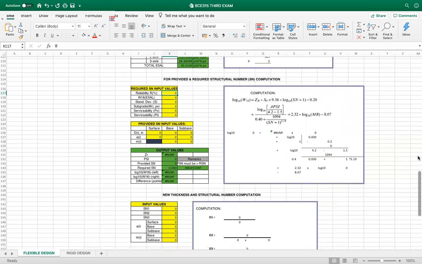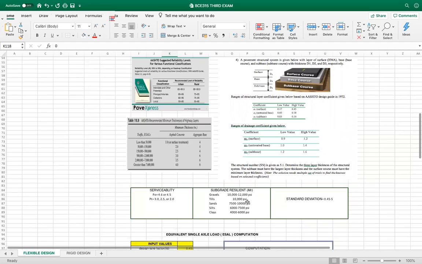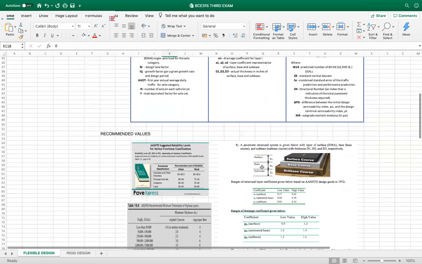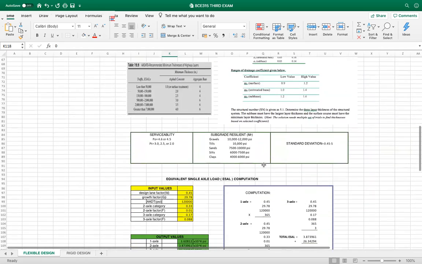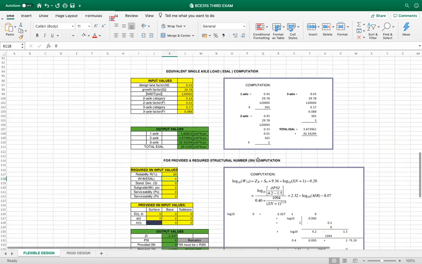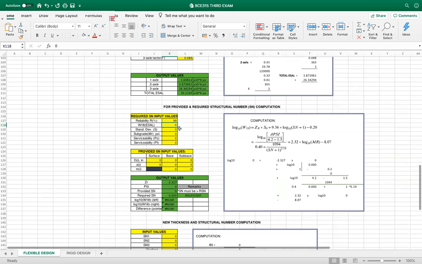Reliability R is 99%. The W18 ESAL is 2 million.